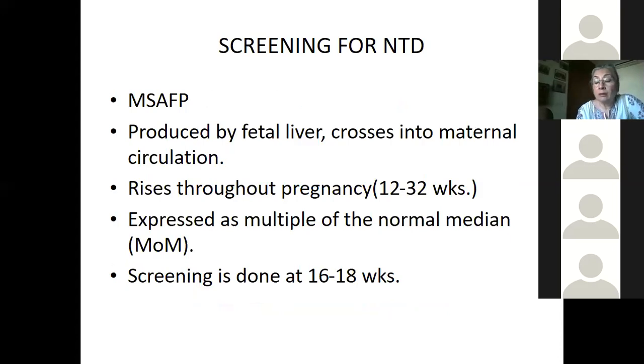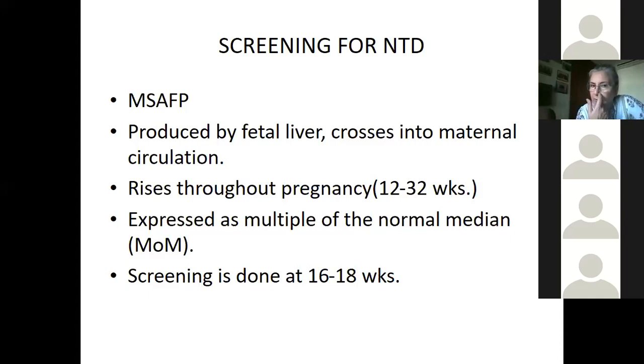Now, one of the common defects seen in the fetus is neural tube defects. A neural tube defect can be in the form of hydrocephalus, where the baby has an excessive amount of fluid in the brain and the ventricles are dilated, or there is an abnormality in the vertebral column of the baby, spina bifida with meningocele and meningomyelocele.